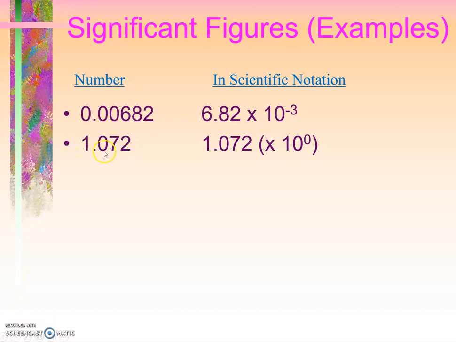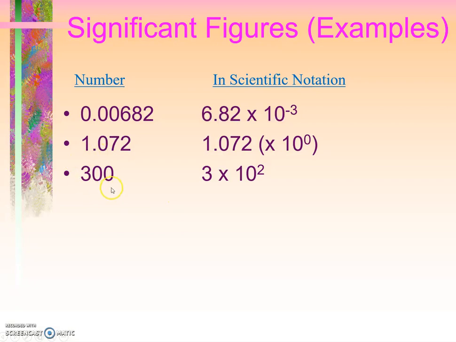We already have our 4 significant digits, 1.072. So what we do in scientific notation is we would say times 10 to the 0. We're actually not even moving the decimal point anywhere. So it's just times 10 to the 0. 10 to the 0 is basically multiplied by 1, okay?